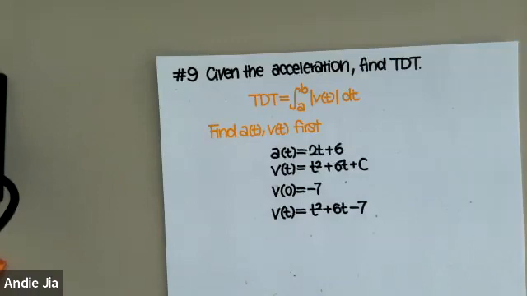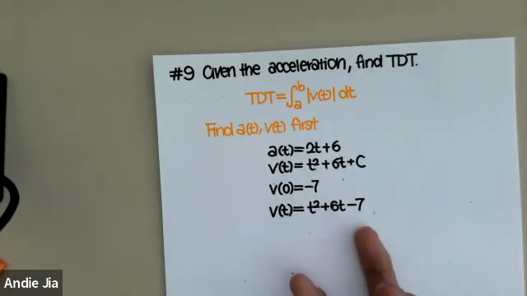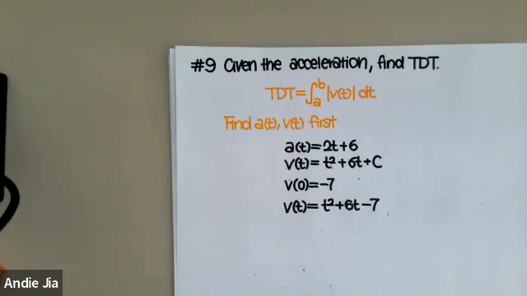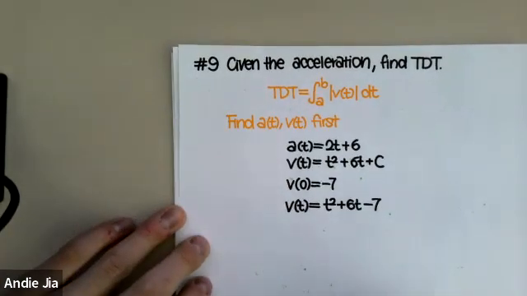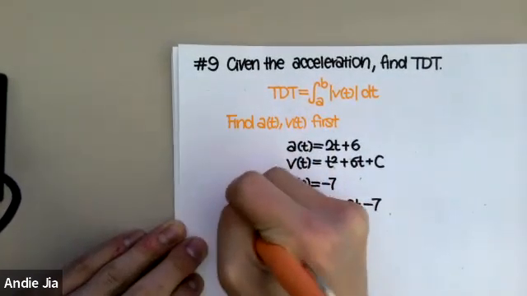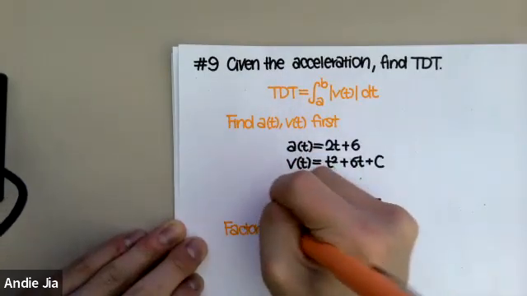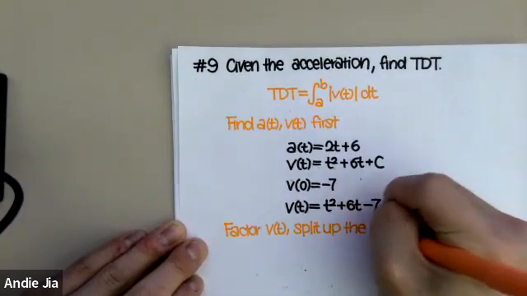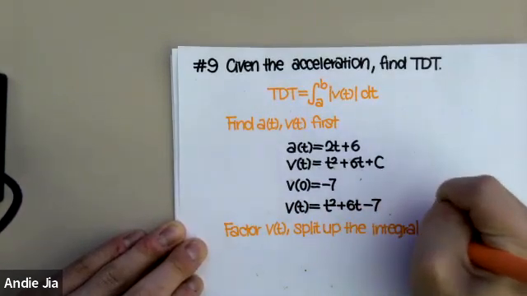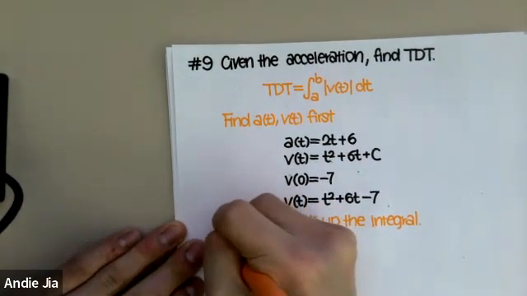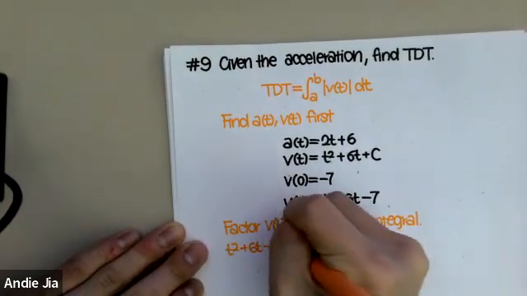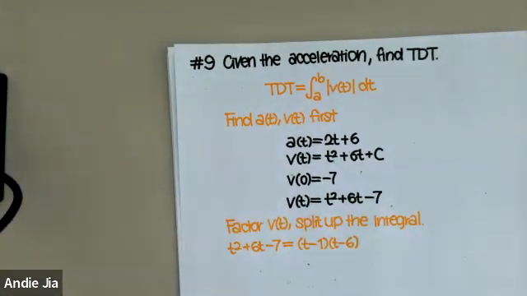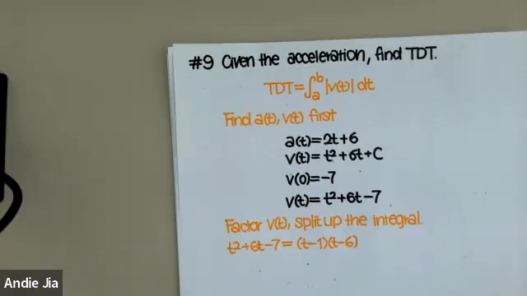So you need to factor v(t) and spell out an integral. t squared plus 6t minus 7 is going to be t minus 1 times t plus 7. So over the interval up to 1, v(t) is negative.